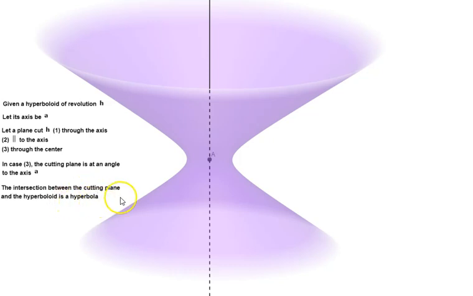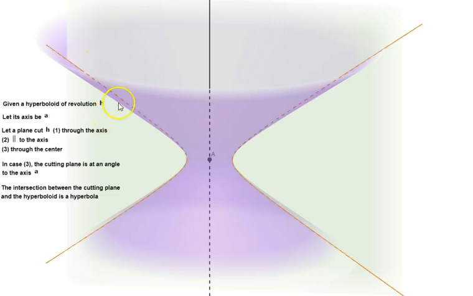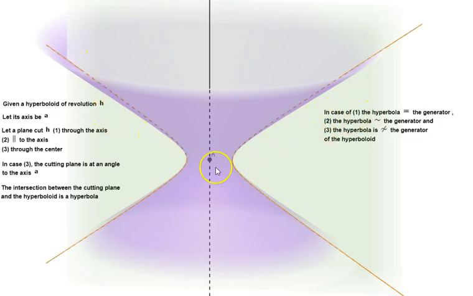Now the intersection between the cutting plane, so let's bring in the cutting plane, and the hyperboloid is a hyperbola. So the intersection is a hyperbola. In case of one, when the cutting plane passes through the axis of the hyperboloid, the intersection, that is the hyperbola, is equal to the generator of the hyperboloid.